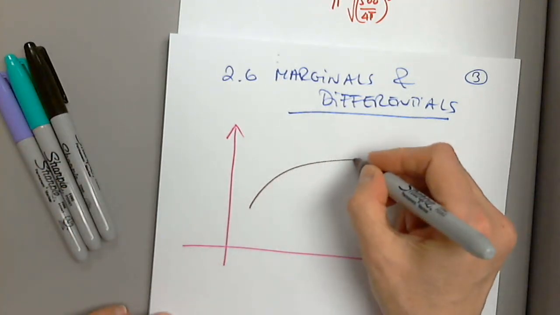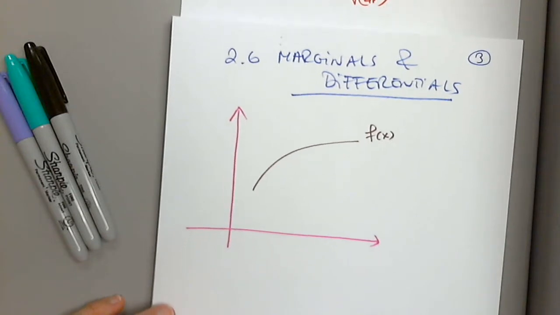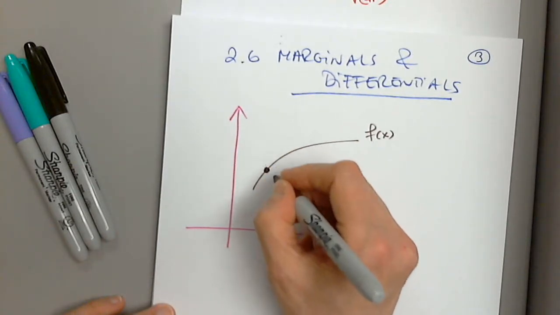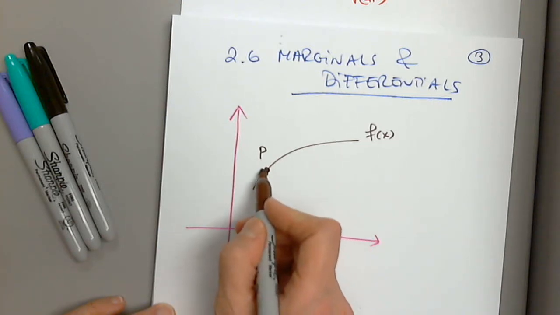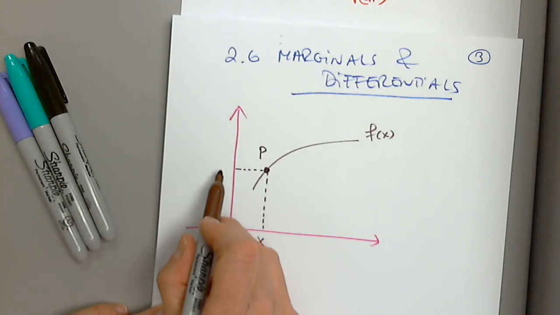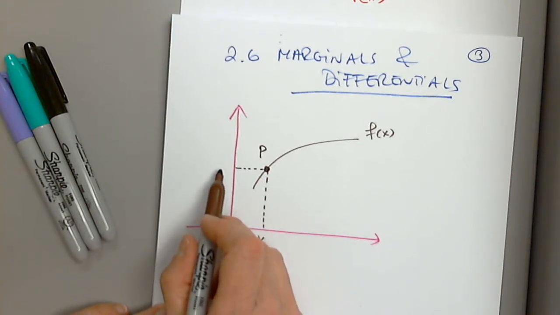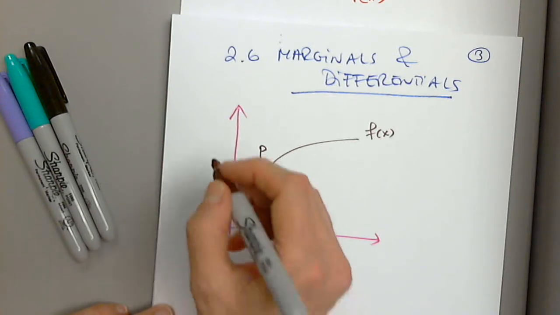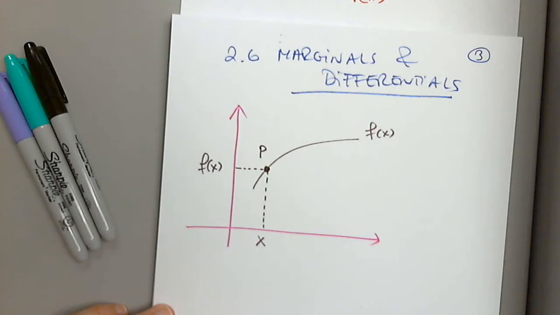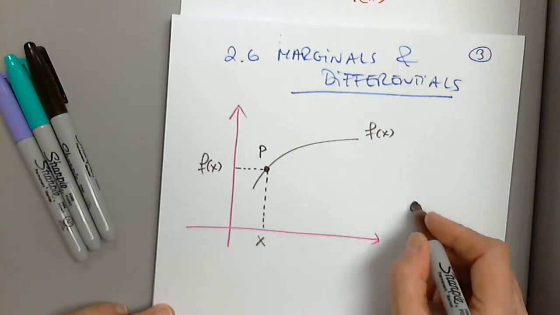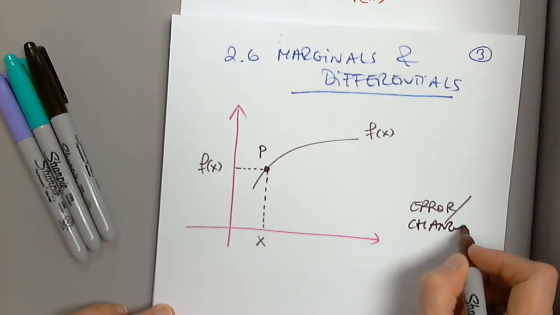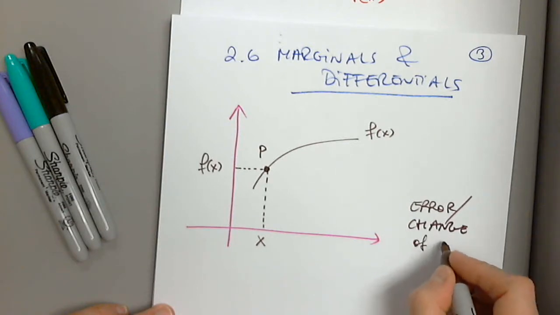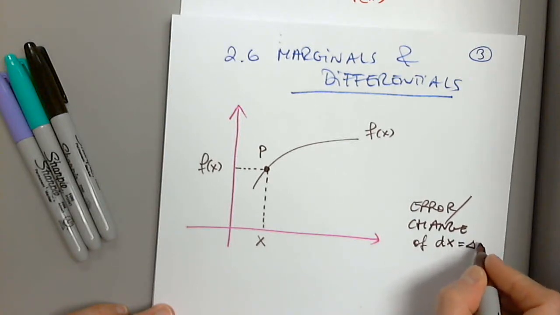So here's a function. Here's a point. I'm going to call it P, of course, of coordinates x. What will be the y coordinate of P? f of x, good. And let's say there is an error, or if you want to call it a change, of delta x and dx.